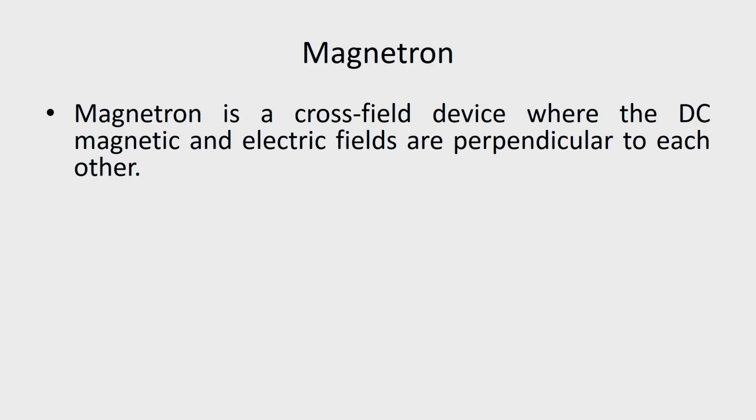A magnetron is a cross field device, and it has both DC magnetic and electric fields which are applied to the device perpendicular to each other.